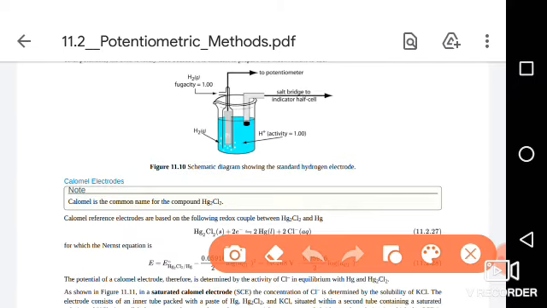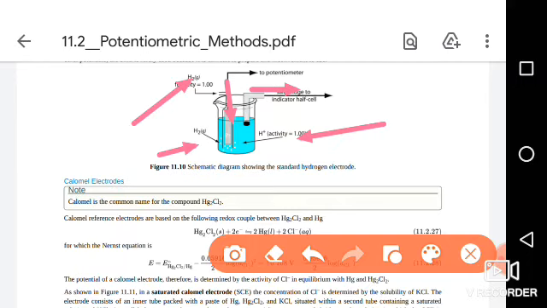Here the H2 gas having fugacity 1 is passed through the hood, and the platinum wire is immersed into the solution of H plus having activity 1, and this is joined by means of the salt bridge.